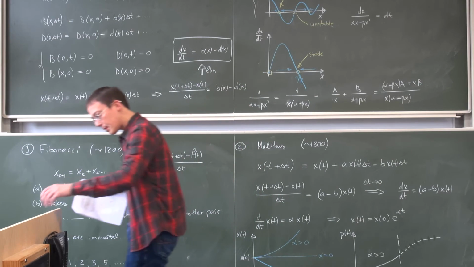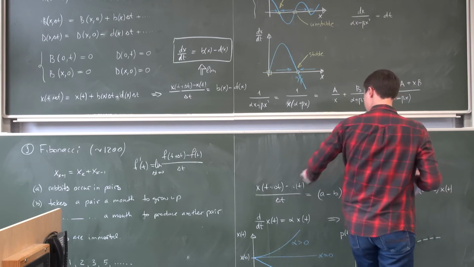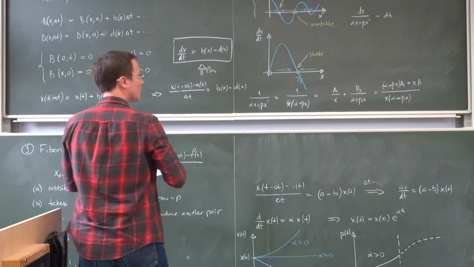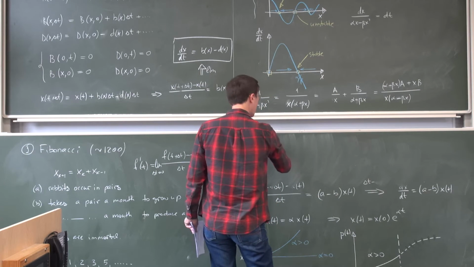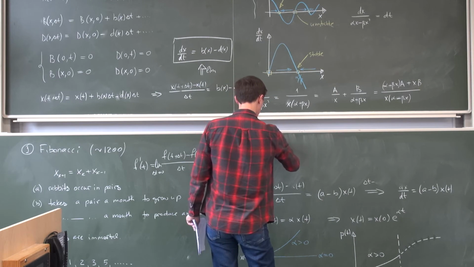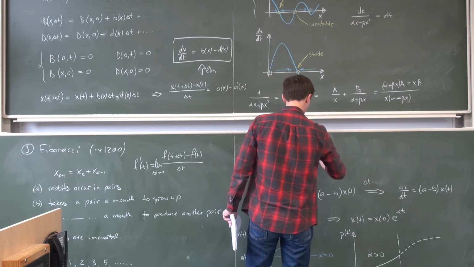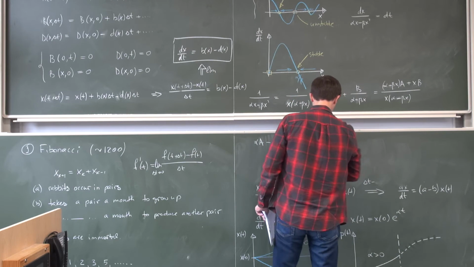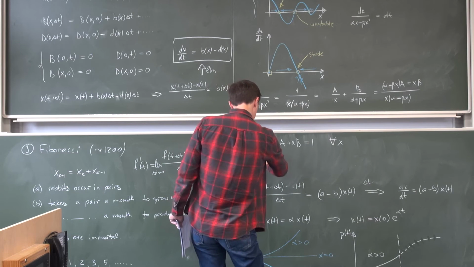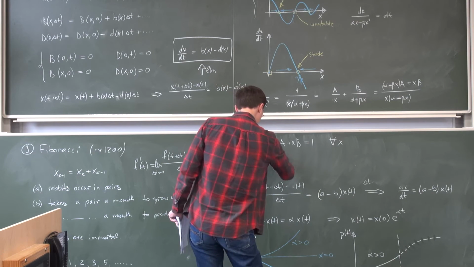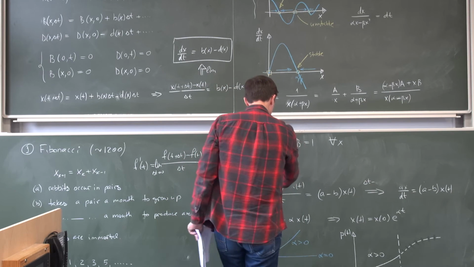So I'll clear up some space just underneath here. So what we have therefore is alpha a minus beta x a plus x b must be equal to 1 for all x. And that means that alpha a is 1 and these terms must consistently be 0.